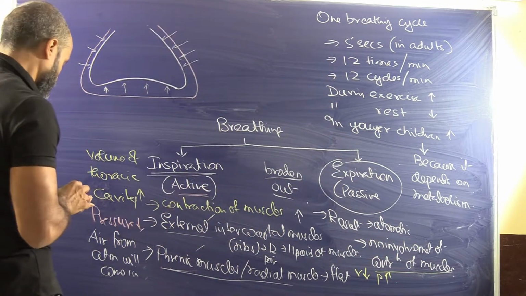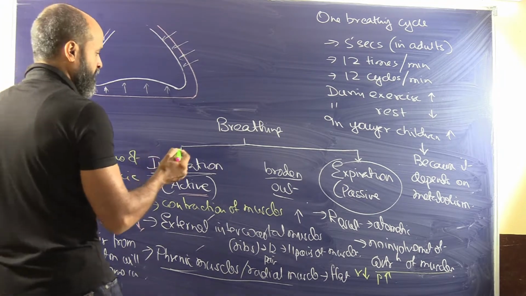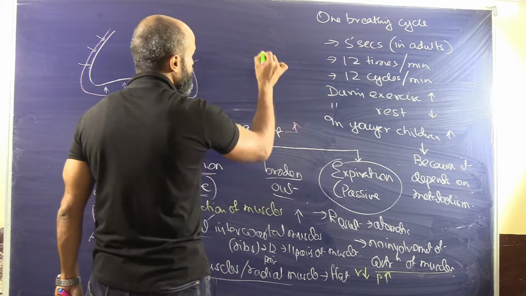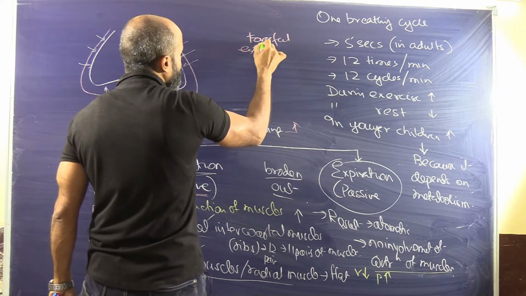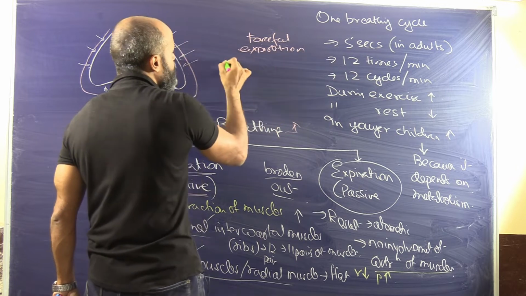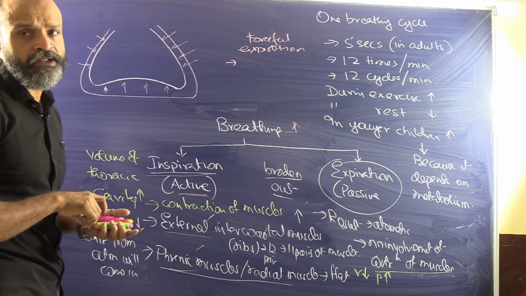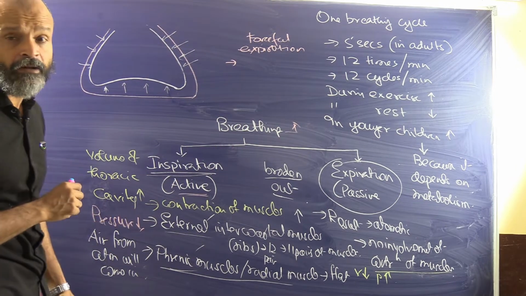Okay. Now during forceful breathing, during forceful expiration, there are two pairs of muscles in addition to the muscles that were taking part earlier.